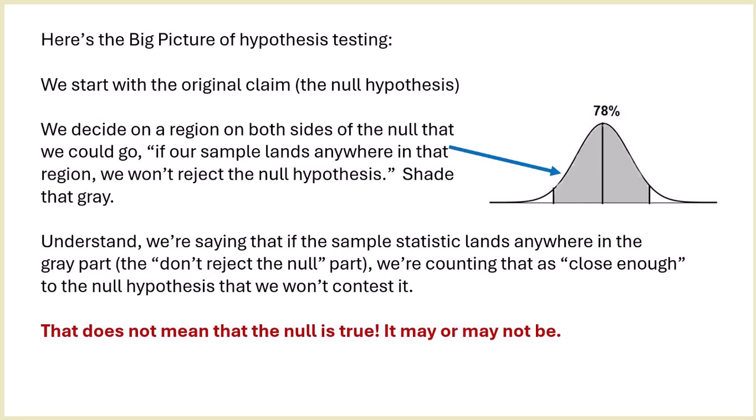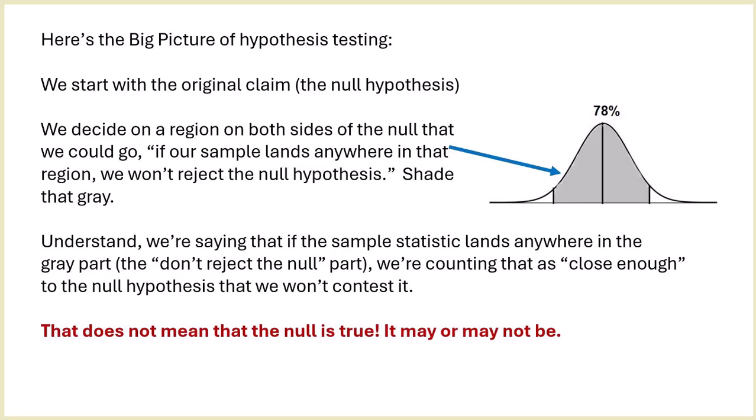She's on trial for something. What does the prosecution have to do? Put on enough evidence. The null hypothesis is she's innocent until proven guilty. That's the null. If I'm the prosecutor, I have to bring enough evidence in that the jury goes, oh yeah, we can't believe that null anymore. She's guilty.